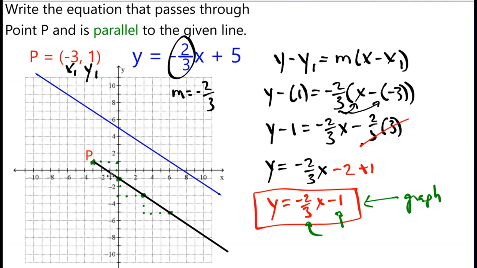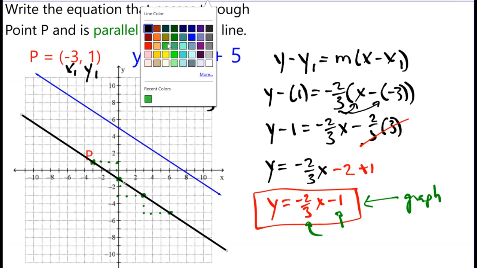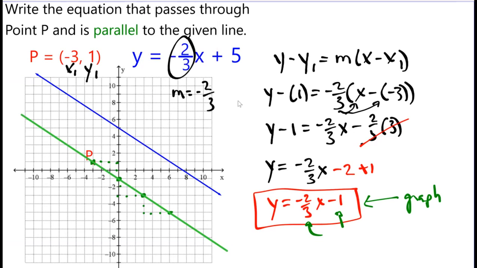Let's extend that line a little bit. And we see our equation does indeed pass through the point P and is parallel to the given line.